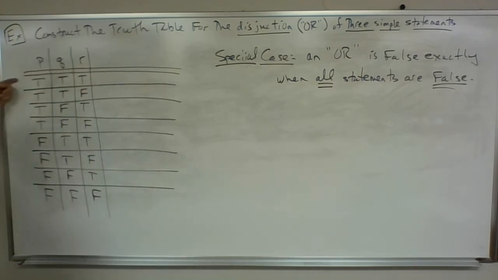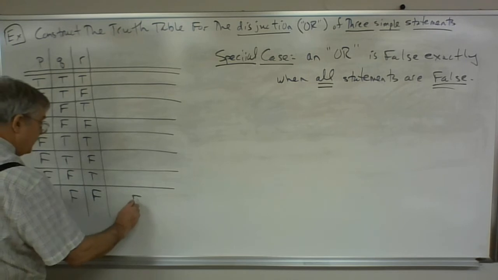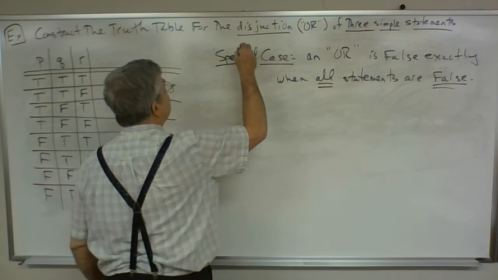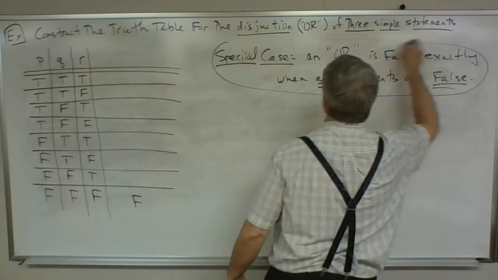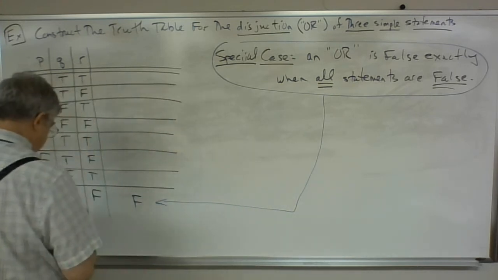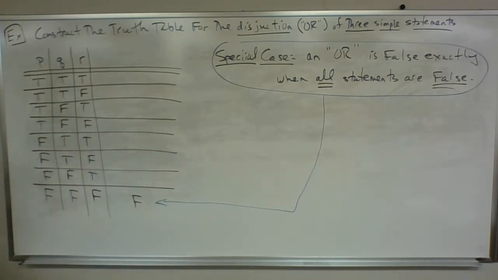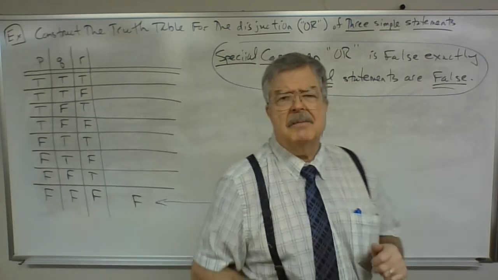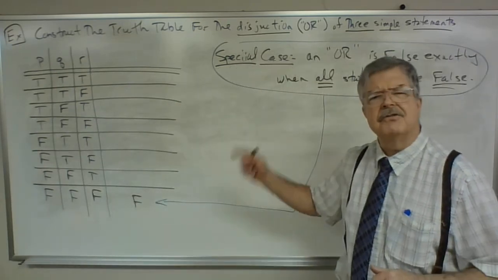So in this table, where does that happen? Right down here. P false, Q false, R false. The whole thing is false. This is our special case. And you know what? I think I'm going to circle this again and just draw an arrow to this special case. The disjunction of three statements is false exactly when all of them are false. For every other possible combination of truth values, this thing is true.